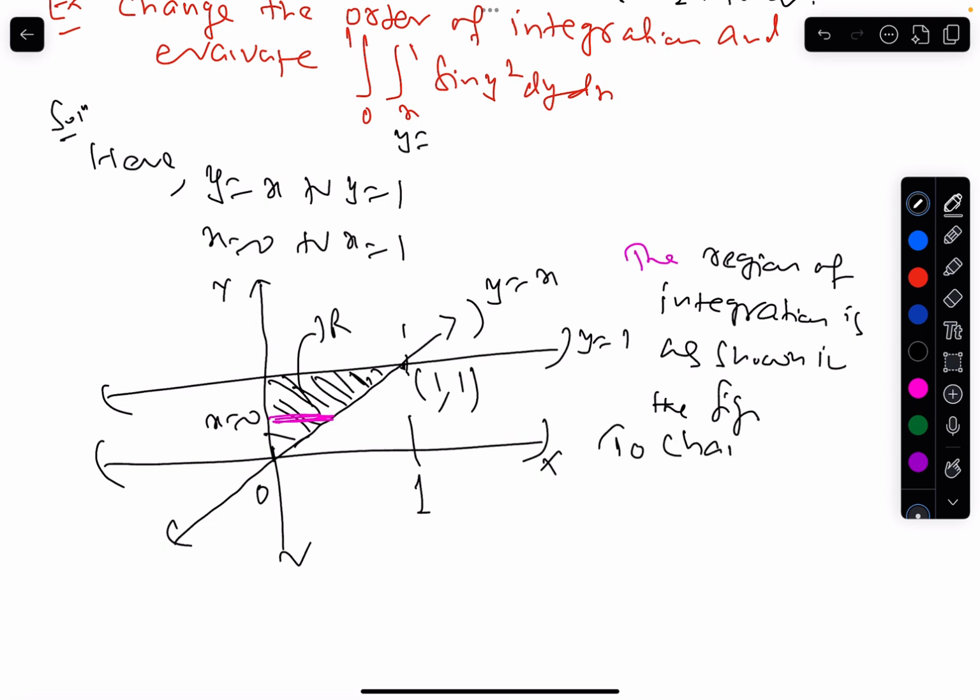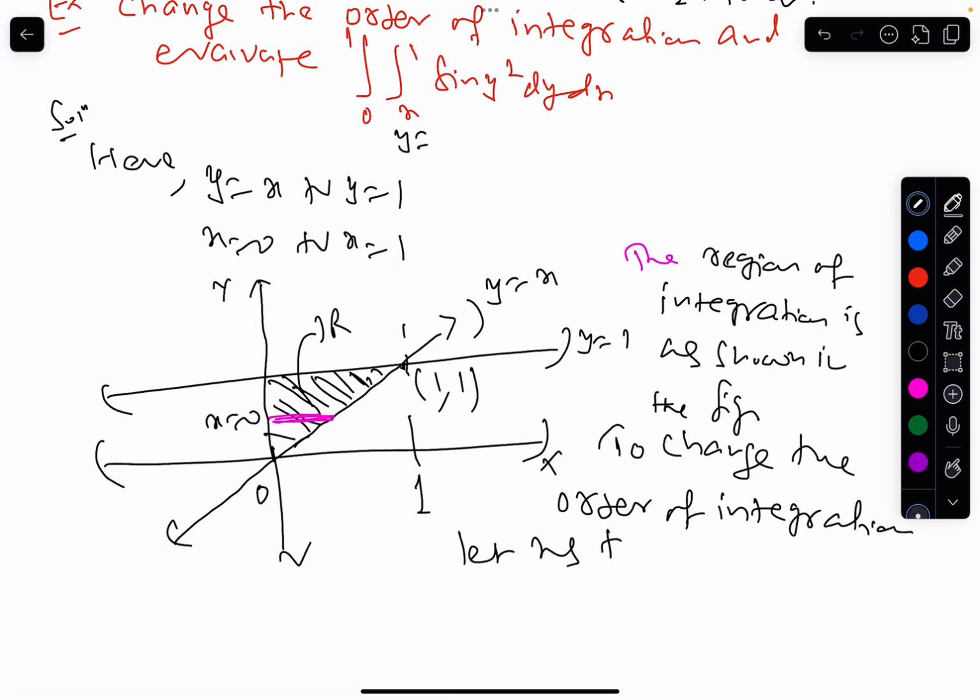Next, to change the order of integration, let us take a horizontal strip PQ in that region.